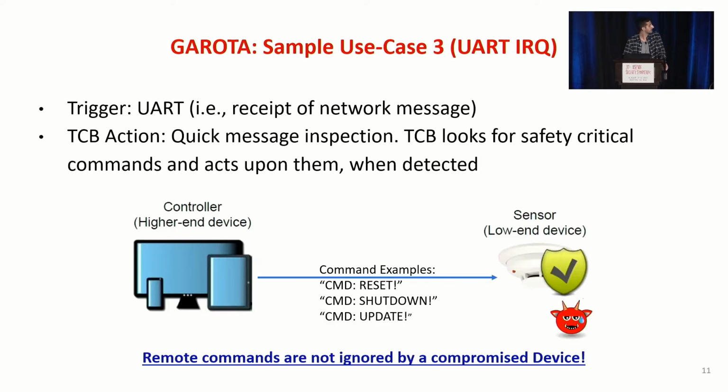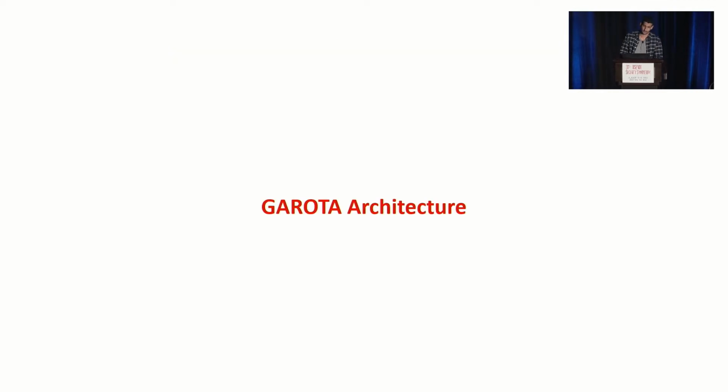Or, a third use case: you have some safety-critical commands and you want to make sure that a compromised device doesn't ignore these commands when they're received from a remote controller. Those are the kinds of settings we think of when we design GAROTA, and we actually use the GAROTA architecture to implement examples for these settings.